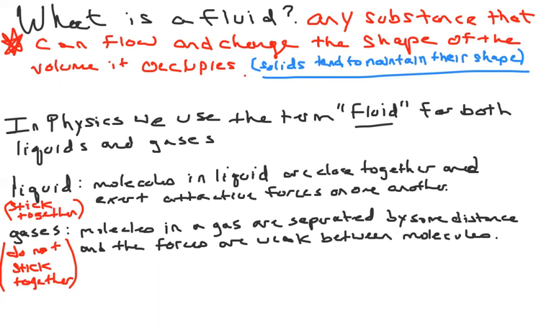So essentially, both of these things occupy the volume of the container that they're in. It's just that one of them sticks together a lot better, is a lot more attracted to itself than the other.